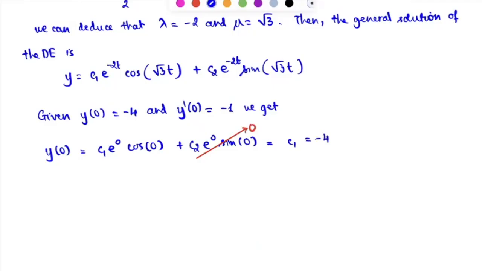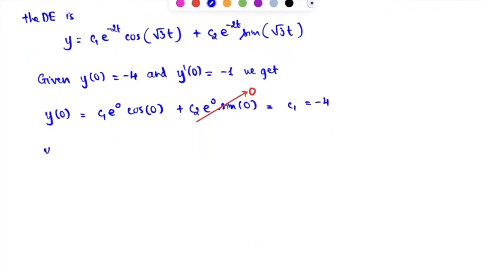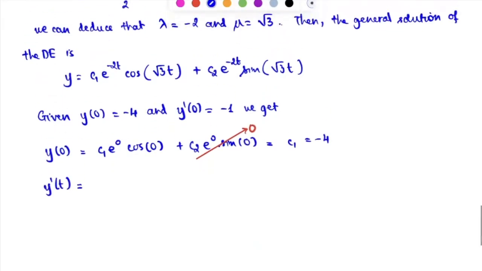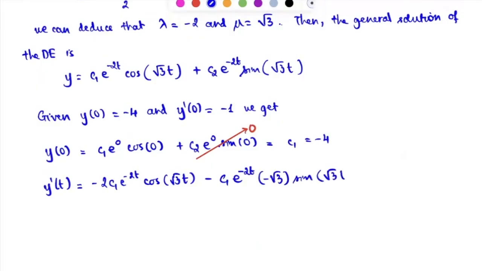And to get c2, we can use the second initial condition. y prime of t is negative 2 c1 times e to the negative 2t times cosine of square root of 3t, minus c1 times e to the negative 2t times negative square root of 3 times sine of square root of 3t.